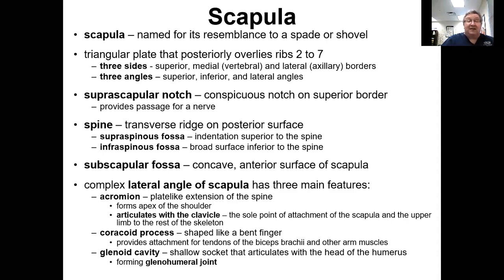So the fossa is actually telling you what is in that area. On the anterior side of the scapula, we have the subscapular fossa. Again, the name is telling you what muscle is there, and that's subscapularis.